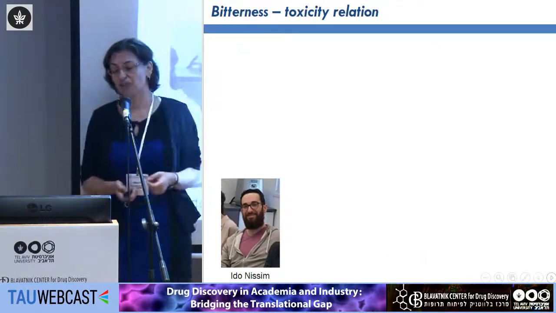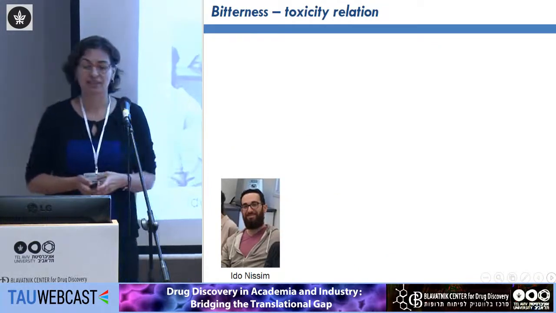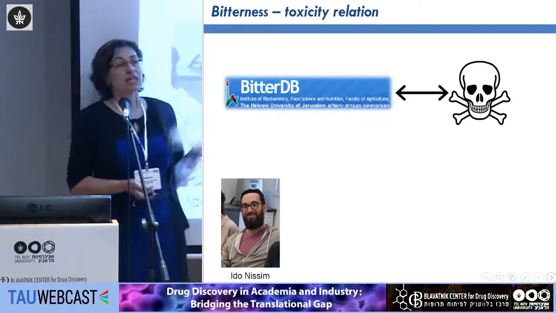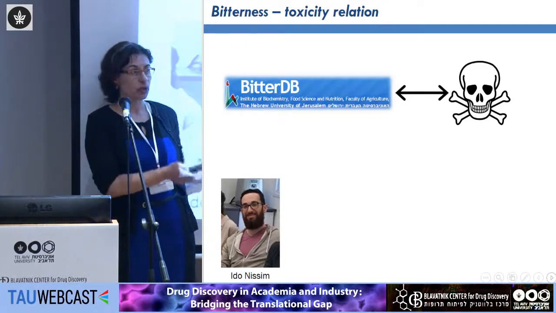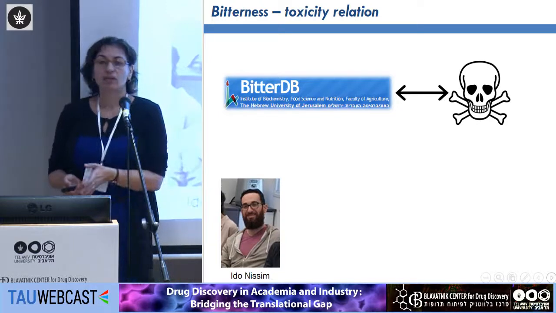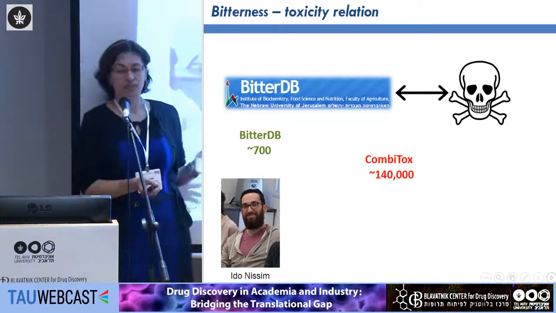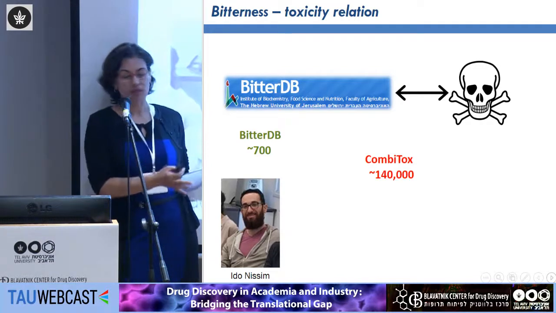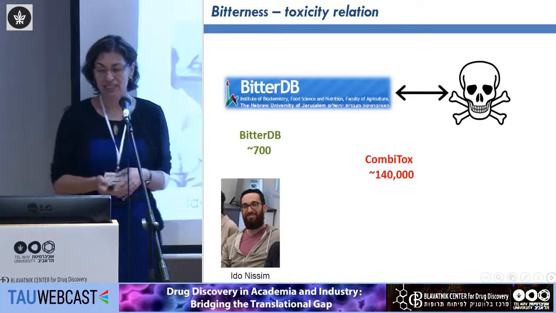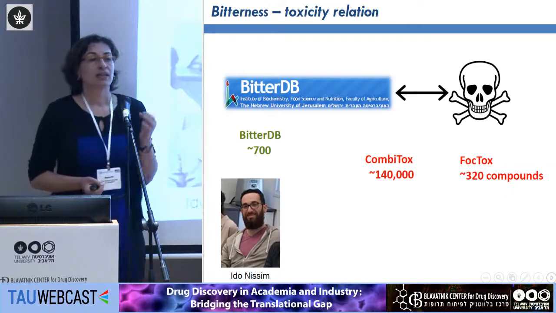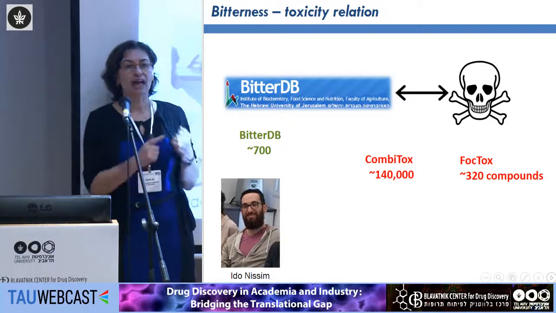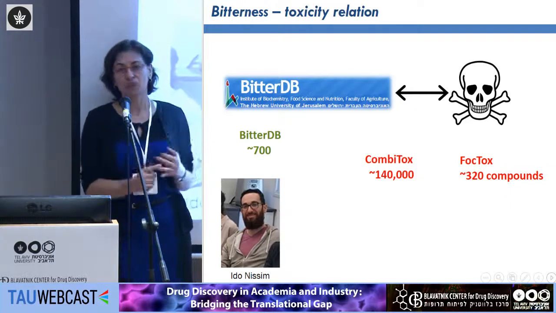So Ido, he's also in the audience, studied this issue. We had the BitterDB, so we know what is bitter. Then Ido compiled a large data set of toxic compounds from the World Health Organization, and then a smaller data set of compounds that have oral acute toxicity, right?